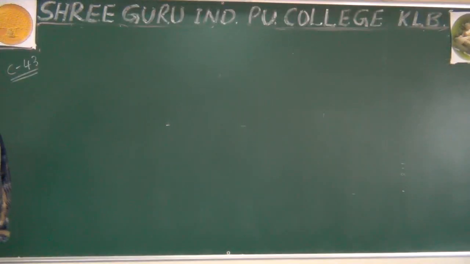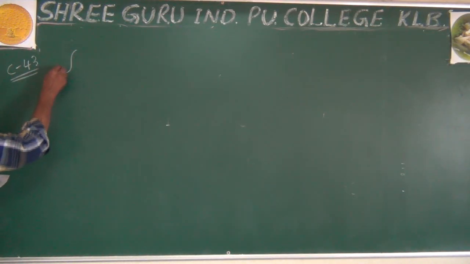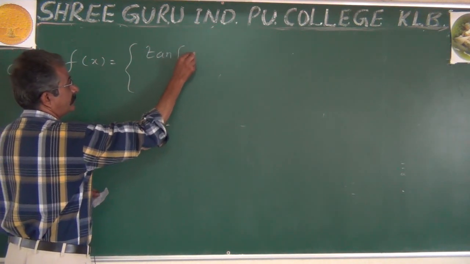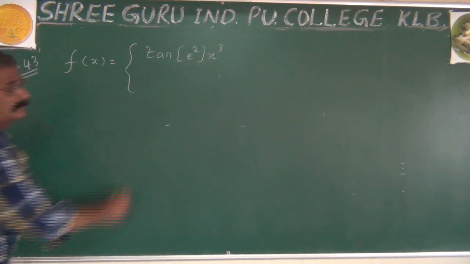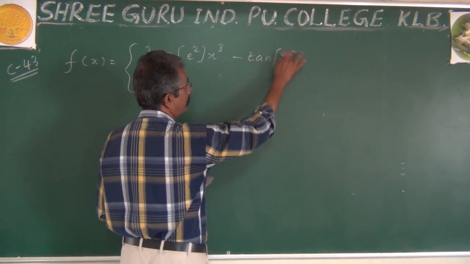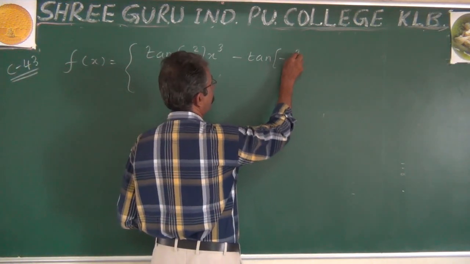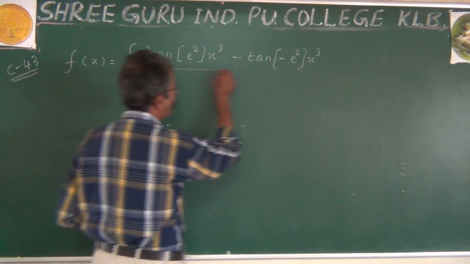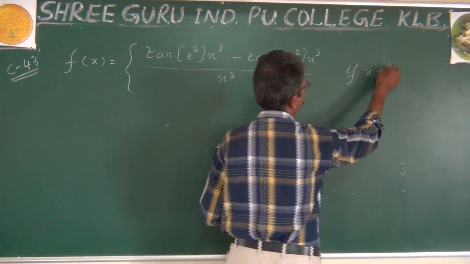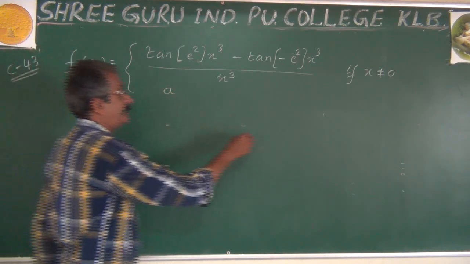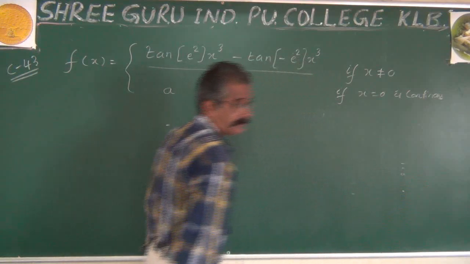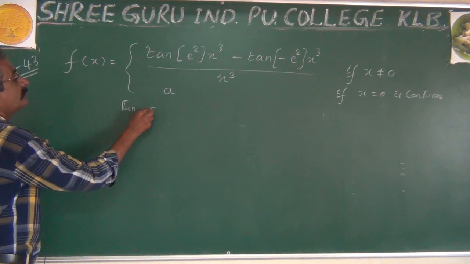Next problem. If the function f of x equals tan of the greatest integer function of e square x cube, where that symbol stands for the greatest integer function, minus tan of the greatest integer function of minus e square x cube, all that divided by x cube, if x is not equal to 0, and a if x equals 0, is continuous, then a equals what?